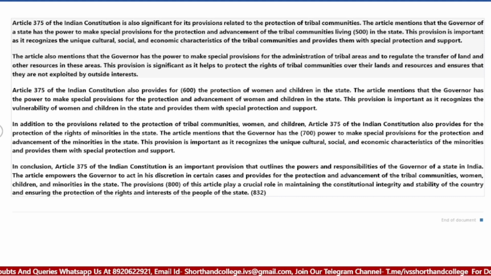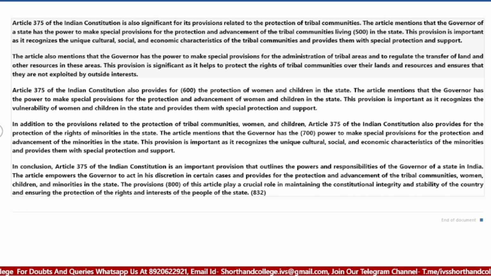In conclusion, Article 375 of the Indian Constitution is an important provision that outlines the powers and responsibilities of the governor of a state in India. The article empowers the governor to act in his discretion in certain cases and provides for the protection and advancement of the tribal communities, women, children, and minorities in the state.